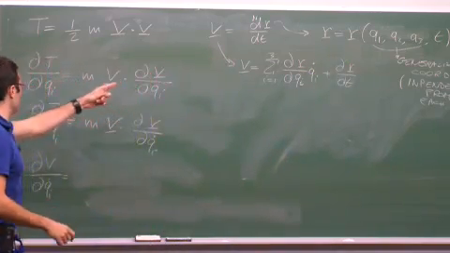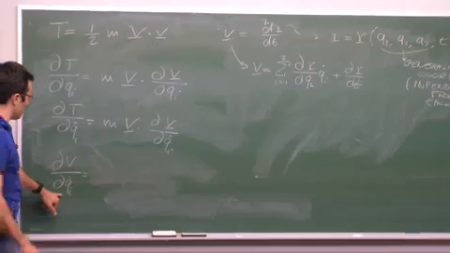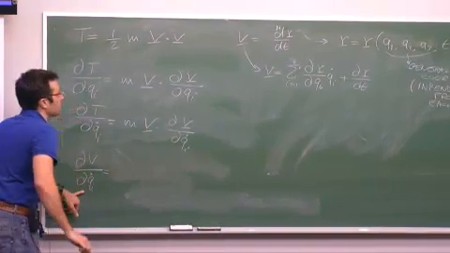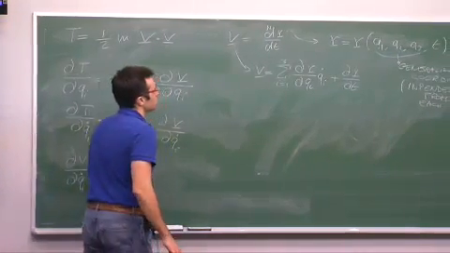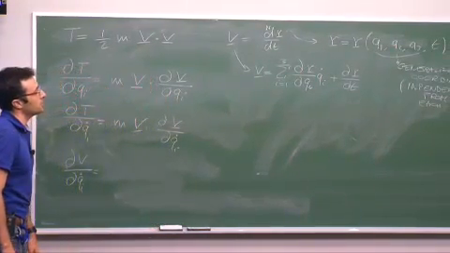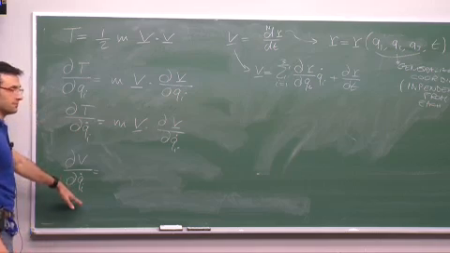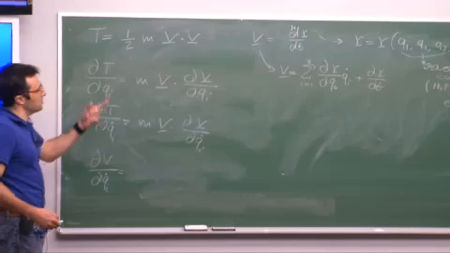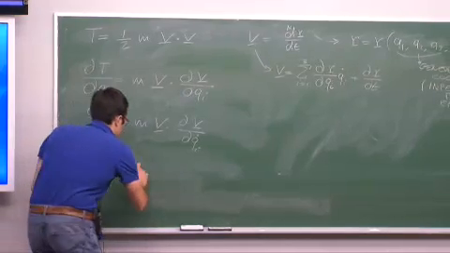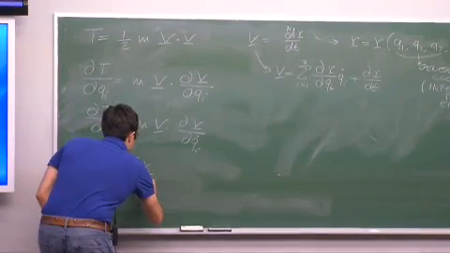And so the partial of v, the velocity, with respect to qi dot, is equal to what? You sure about the summation? This is one of the i's. I goes from 1 to 3. I'm only doing the partial of v with respect to q1. So it's only dr dq1. Okay, so this is dr dqi.